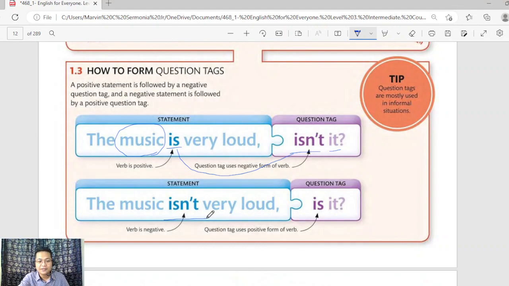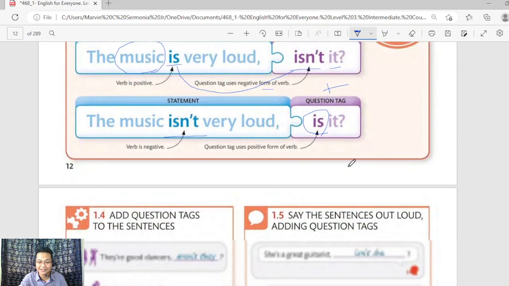So, the music isn't very loud, is it? It is now in the positive form. So you just have to remember that if the statement is positive, the question tag should be negative. If the statement is negative, the question tag must be positive. I think you got it now.